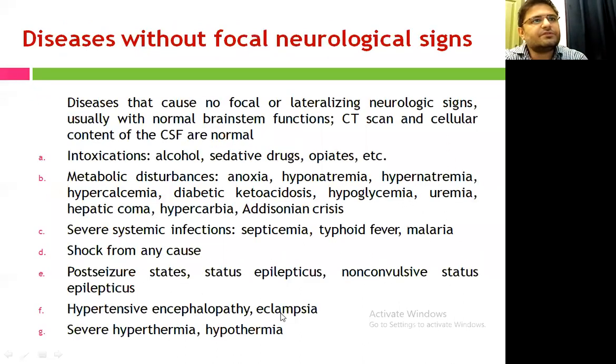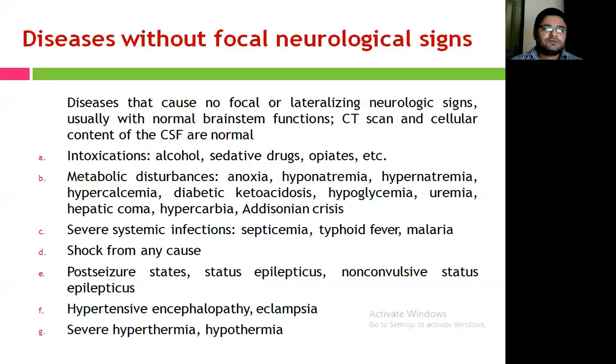Diseases without focal neurological or localizing signs, in which CSF and CT scan are usually normal, include alcohol intoxication, sedative or anxiolytic abuse, opioids, and metabolic disturbances like anoxia, hyponatremia, hypernatremia, hypercalcemia, diabetic ketoacidosis, hypoglycemia, uremia, and Addisonian crisis.